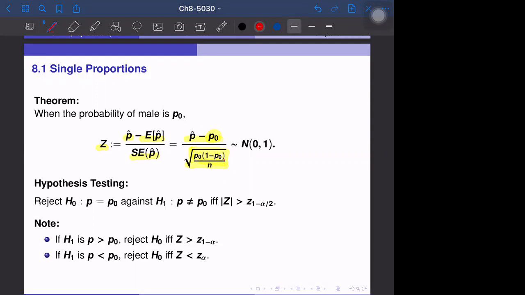If this test statistic falls in the extreme range of this standard normal distribution, we reject the null hypothesis.